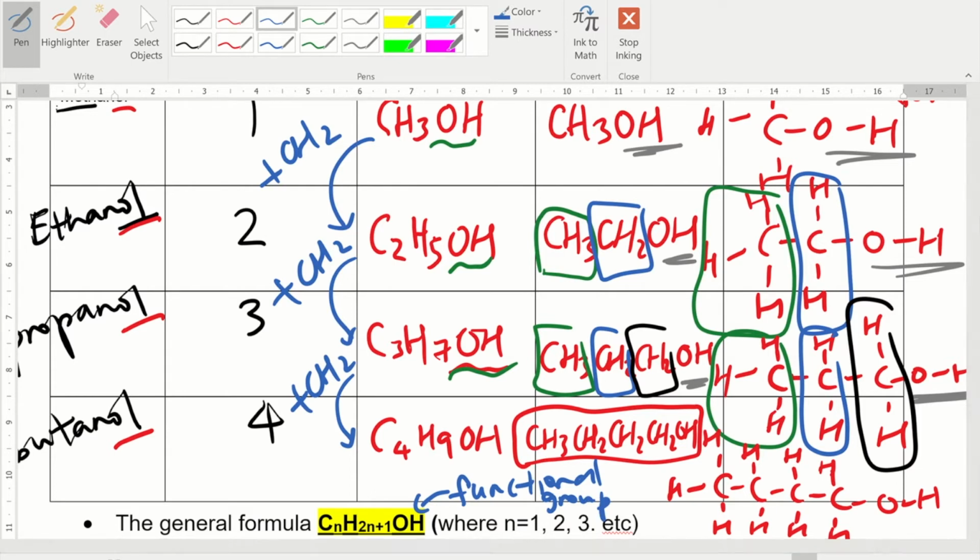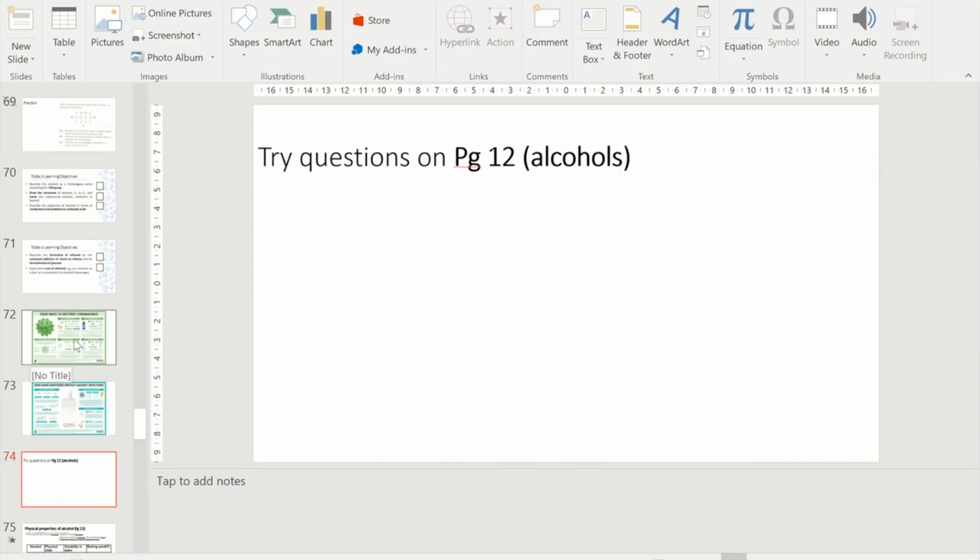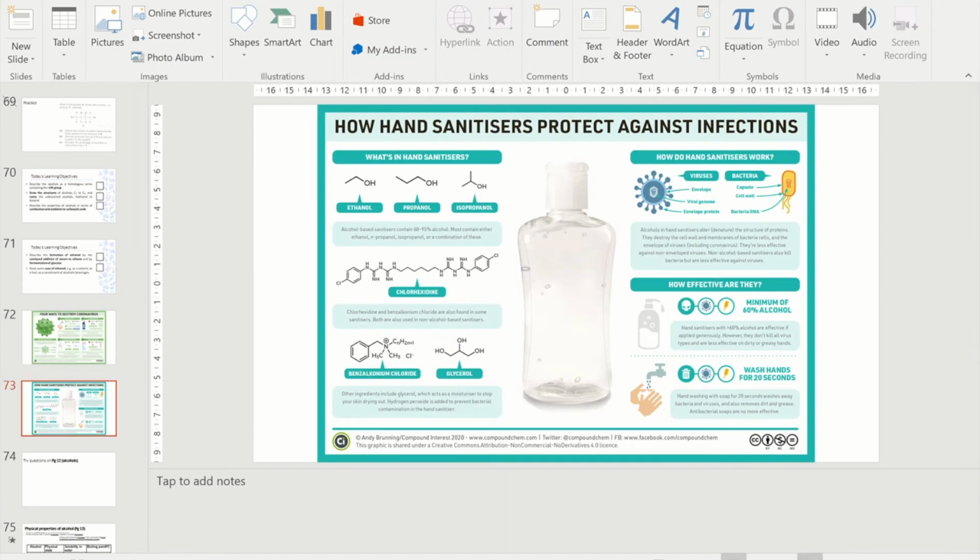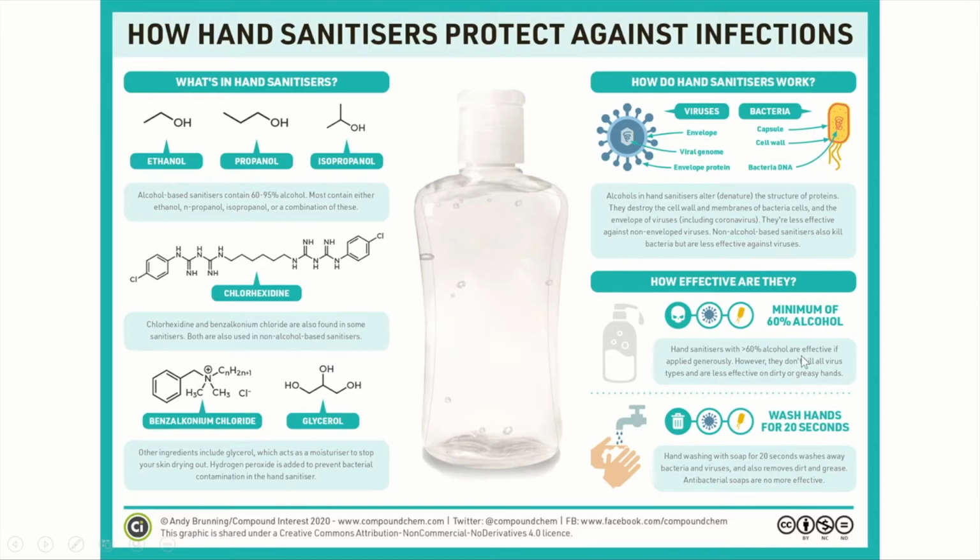So when we learn all these homologous series, we are just assuming that there is only one hydroxyl. What do I mean by this? If you take a look at the previous part, my glycerol has 3 of them. It is still considered an alcohol as long as you have an OH.